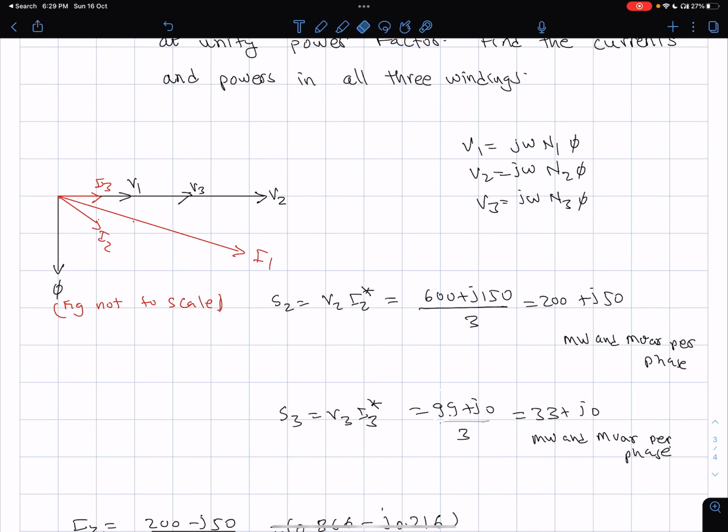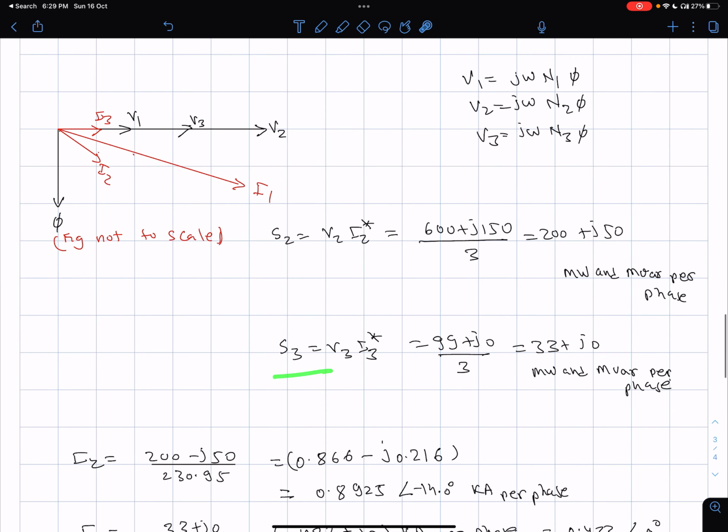Similarly, 99 megawatts plus J0, unity power factor, is a 3-phase load on winding 3, divided by 3, and you get 33 plus J0 as the megawatt and MVAR per phase for winding 3.